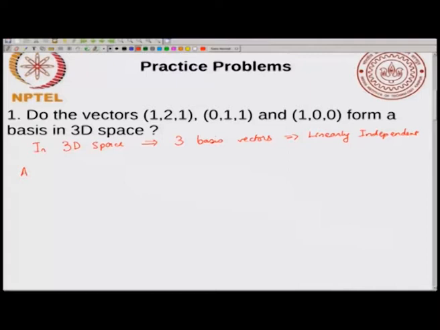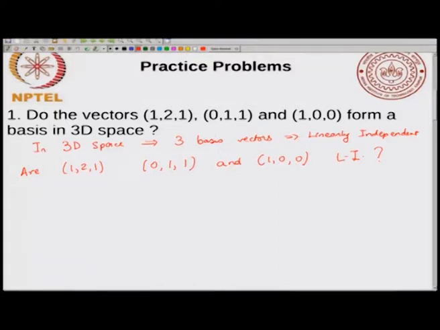The vectors are (1, 2, 1), (0, 1, 1) and (1, 0, 0). Are these vectors linearly independent? That is the question that we have to answer. Now, in general, the way to check linear independence is to take a linear combination of these and set it equal to 0 and see if you get a non-trivial solution.